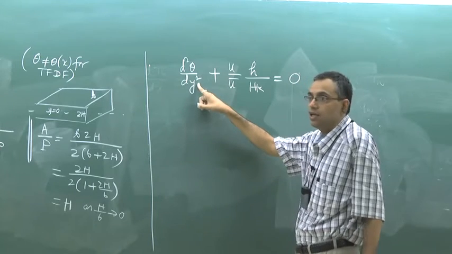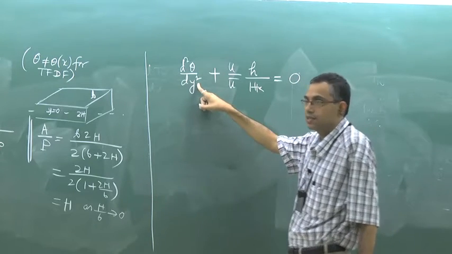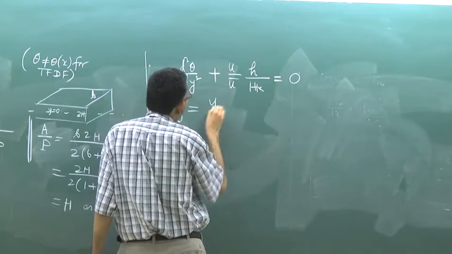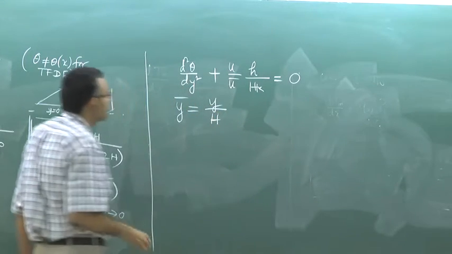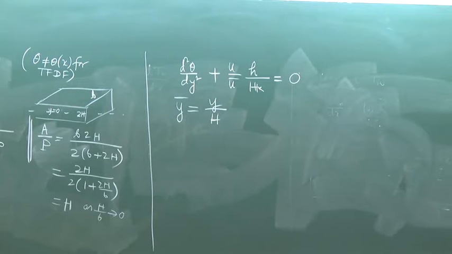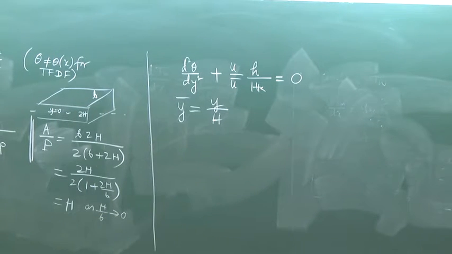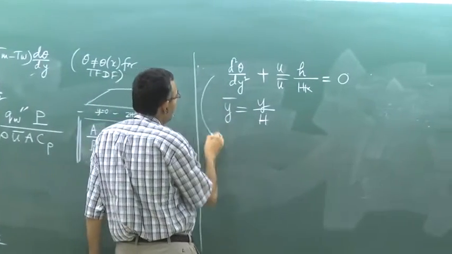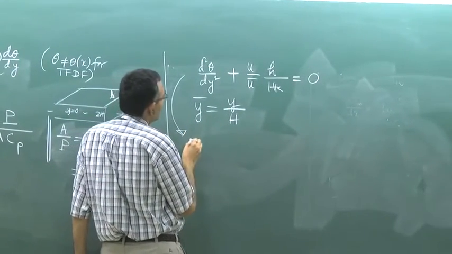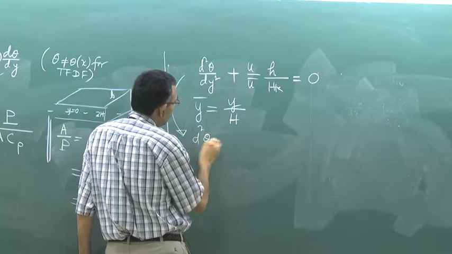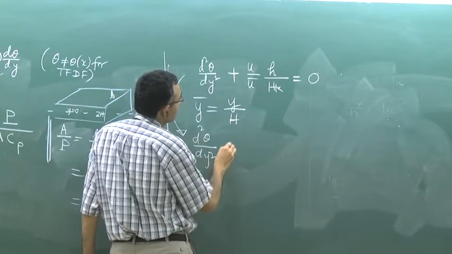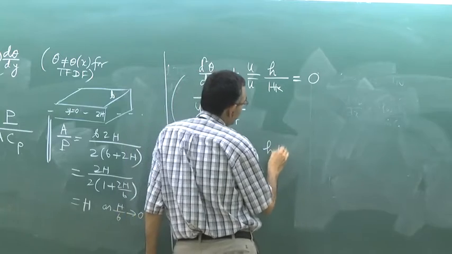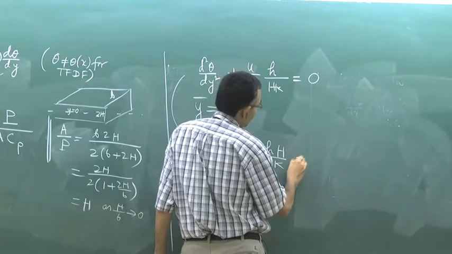Now you can non-dimensionalize this. You can define a new parameter y bar as y by h. So if you define a new parameter y bar as y by h, then this will be d2 theta dy2 plus u by u bar h by k is equal to 0.